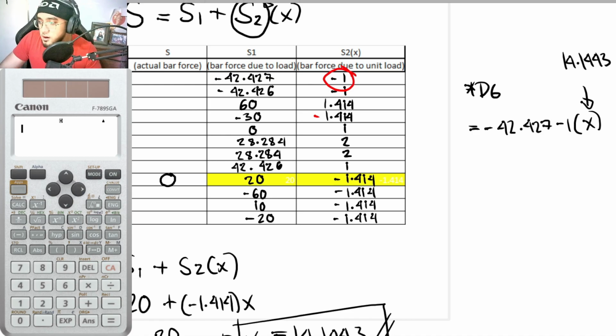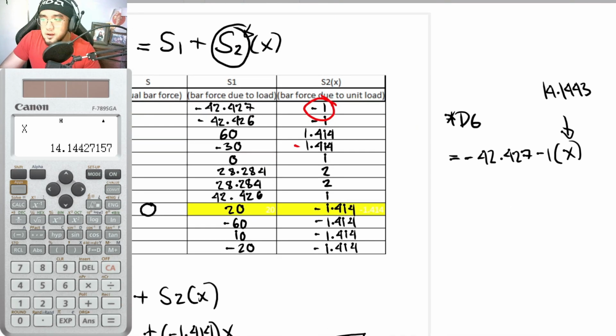As a shortcut, I will just input in my calculator alpha a plus alpha b times x. I have already stored this to alpha x. So once again, alpha a plus alpha b times alpha x.